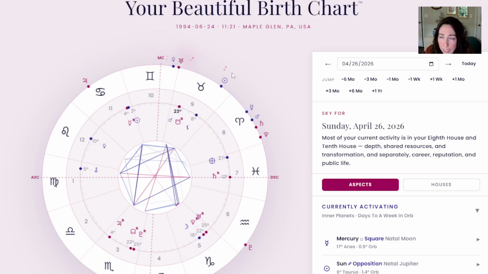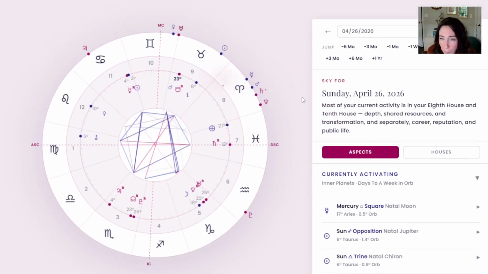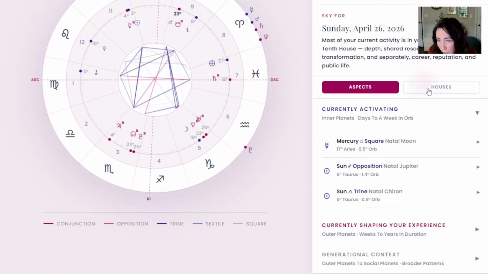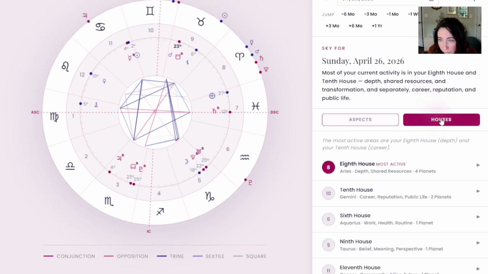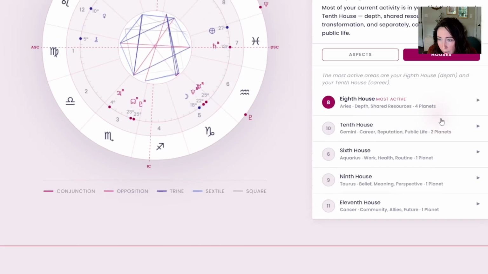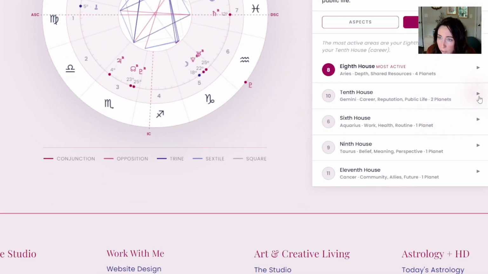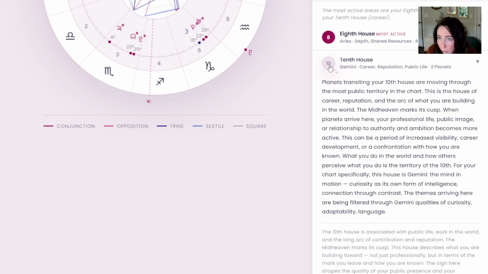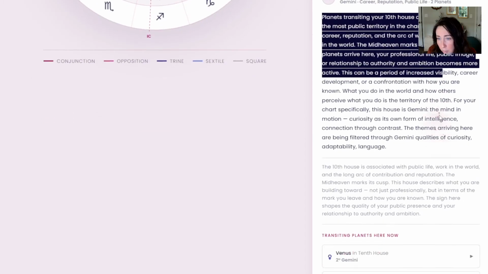But yeah, when I think about, let's see, I don't even know where to begin. So we can read here. We're reading now about the 10th house. Planets transiting your 10th house, all about that.